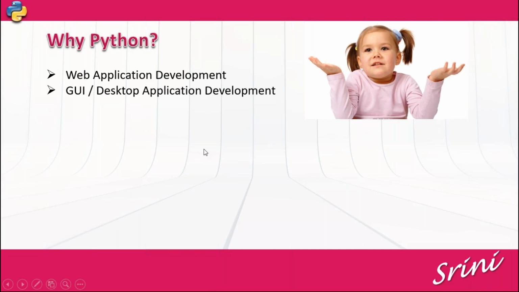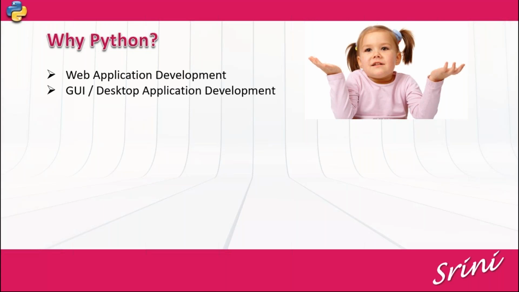And using Python, we can develop desktop applications, graphical user interface desktop applications. Inside the window, we have text boxes, list boxes, radio buttons, operated by event-driven programming. We can develop those applications in Python using the tkinter library.